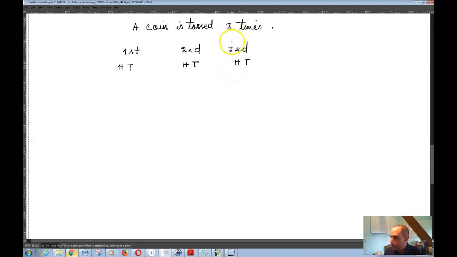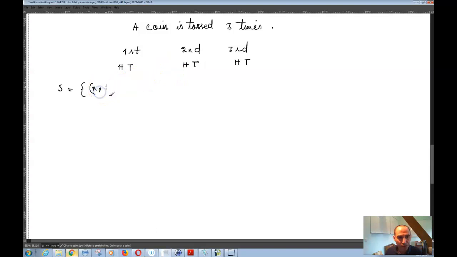Now, the sample space for this experiment could be described as S, all the ordered triples (x, y, z), because we tossed the coin 3 times.